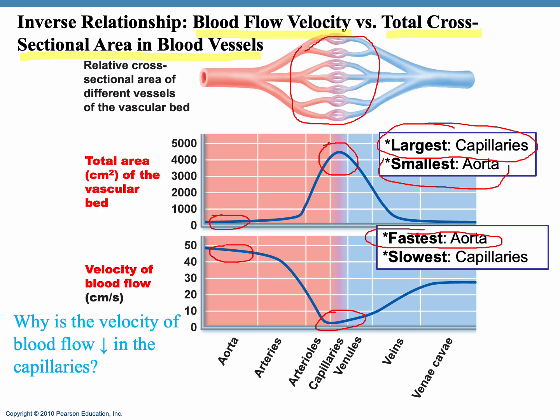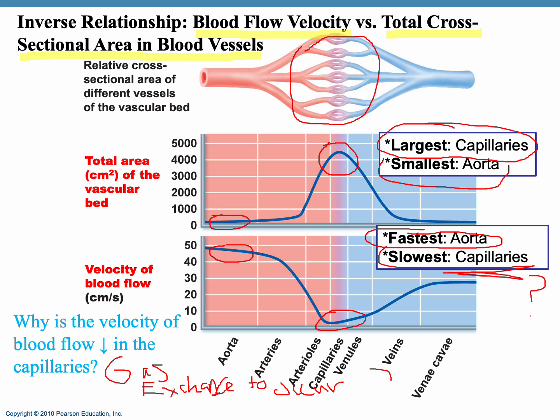And you may be asking yourselves, why is that the case? Why does the velocity of blood flow decrease significantly in the capillaries? Well, it allows for enough time for gas exchange to occur.